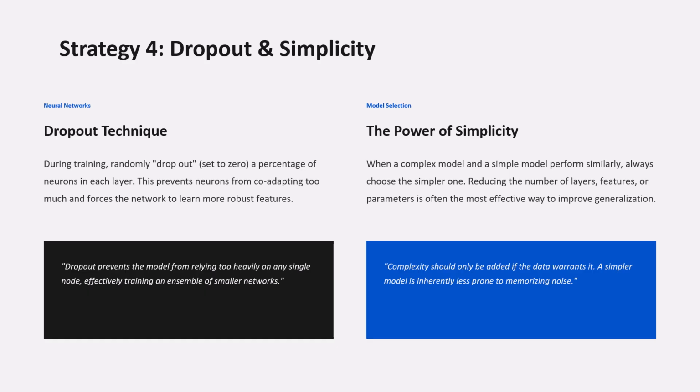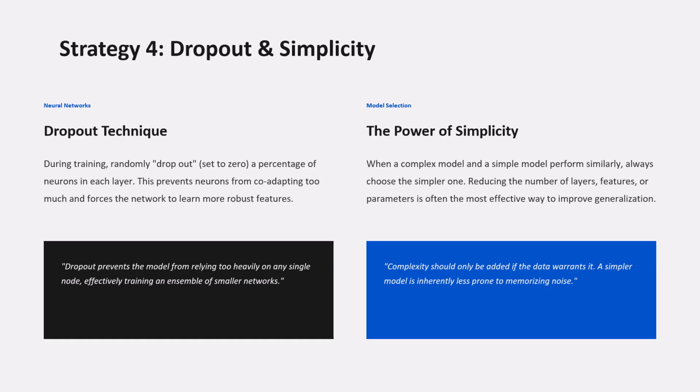Dropout is a brilliant trick where we randomly turn off a percentage of neurons during each training step. Think of it like forcing the network to learn the same concept in multiple ways.